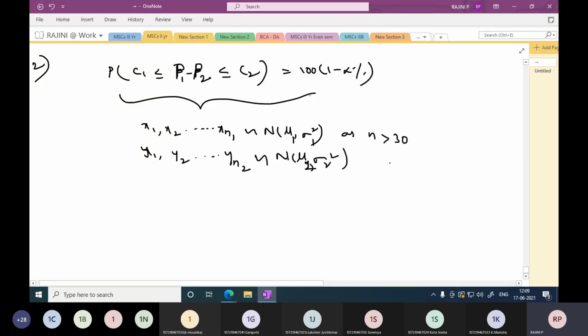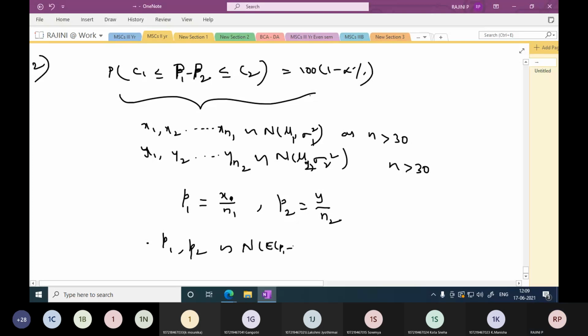This sample size is also greater than 30. The first sample proportion is x by n1 and the second sample proportion is y by n2. You know that p1 and p2 also follow the normal distribution.